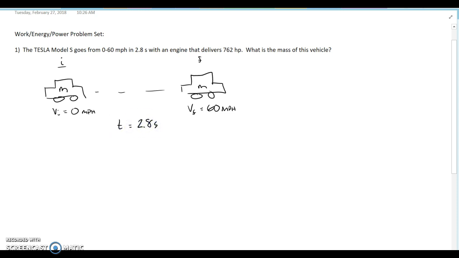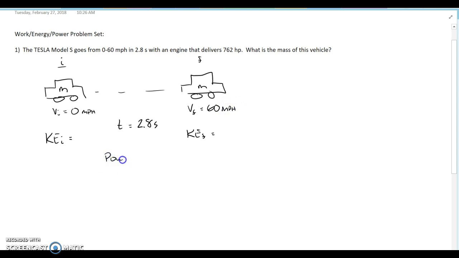So when a car goes from 0 to 60, it's changing its velocity. And when we're talking about a change in velocity, we're really talking about a change in kinetic energy. We know there is some initial kinetic energy here, and some final kinetic energy here. And we're also given that there's a power output.